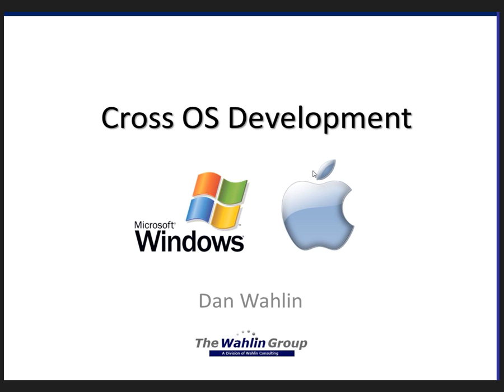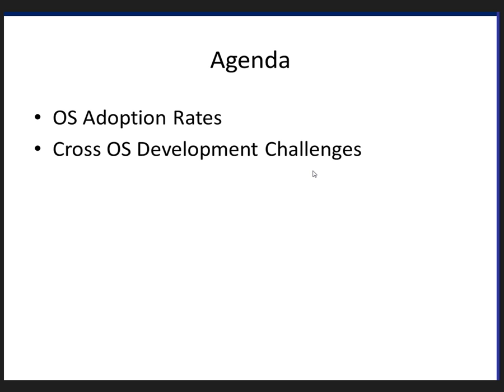So the agenda is I'm going to start off by talking about some of the OS adoption rates, and I don't think there'll be any surprises here on how well Windows is still doing and how Macintosh is actually catching up somewhat, though. You can go into a boardroom in just about any meeting of any company, depending on the policy that is, and you'll start to see a lot of mixing going on between the different alternatives.